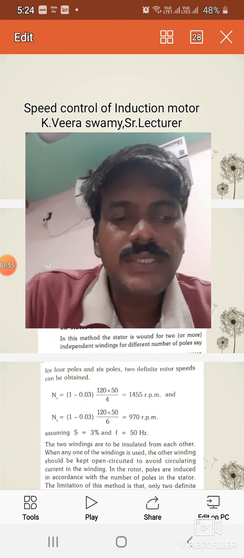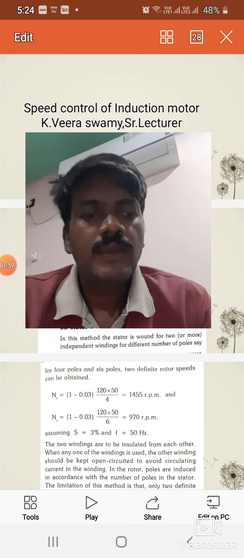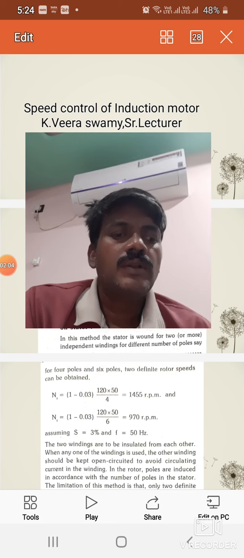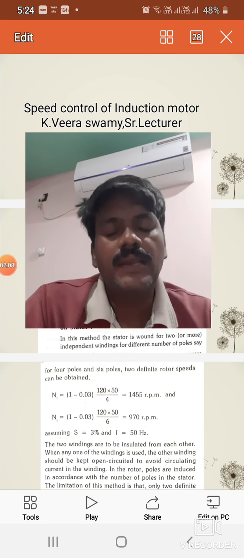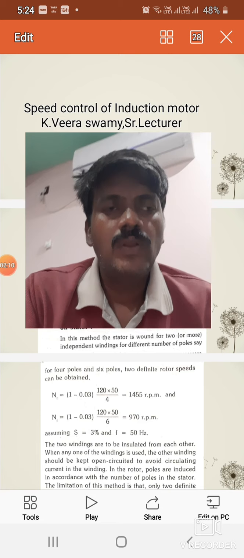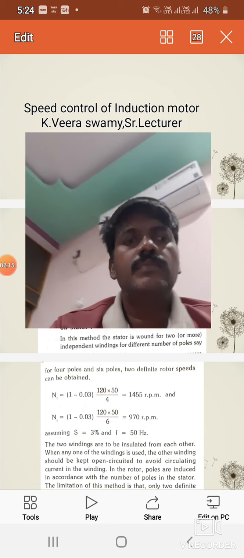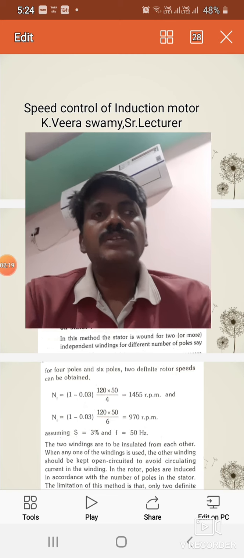In the last class we discussed the first two, that is by changing the supply voltage, and the second one by changing the supply frequency. We know that a 3-phase induction motor is practically a constant speed motor, more or less like a DC shunt motor.